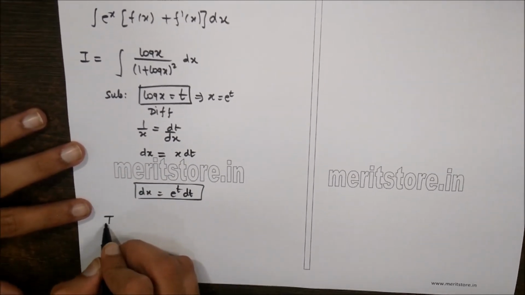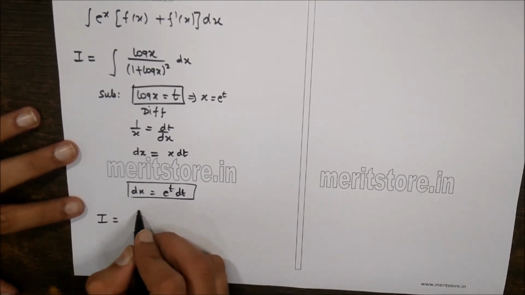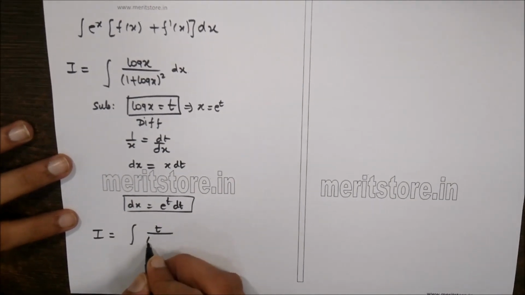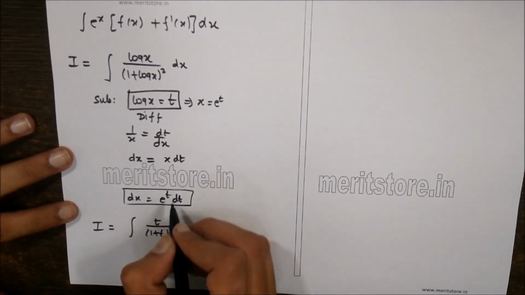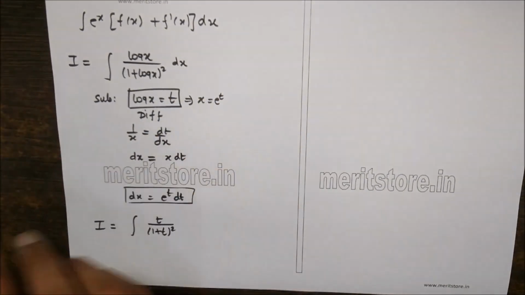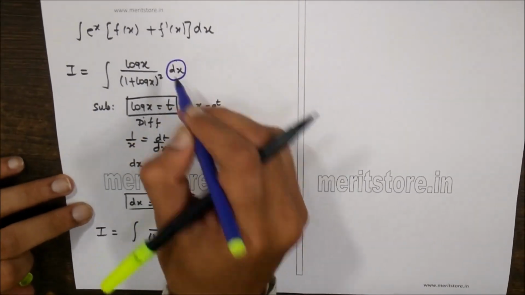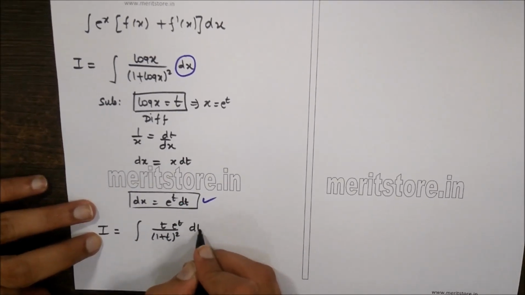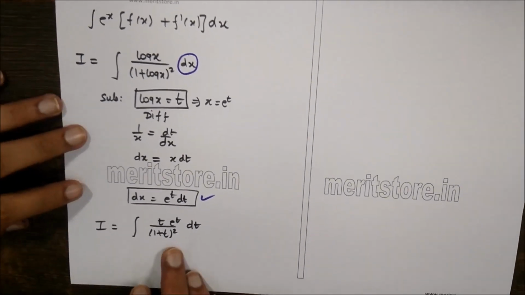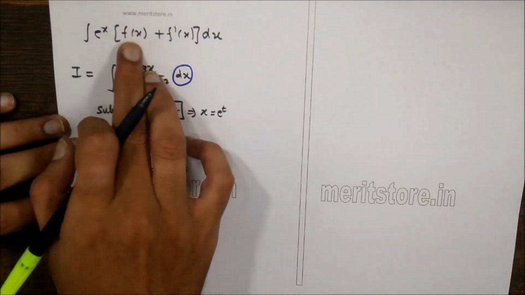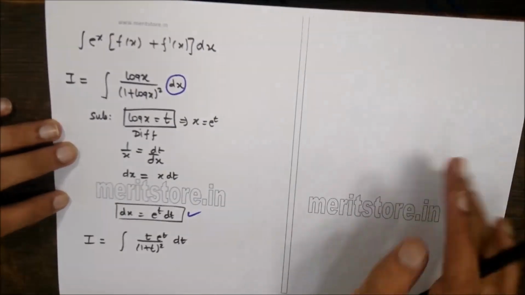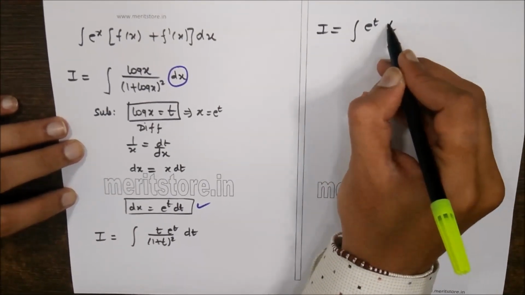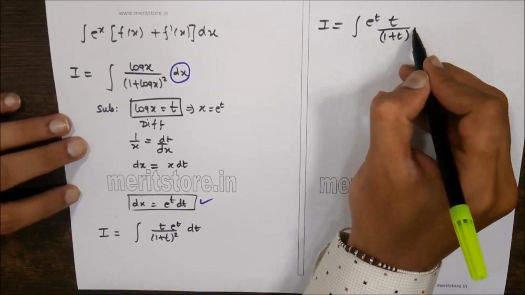Rewriting the problem, the integral will be equal to integral of t upon 1 plus t the whole square, and instead of dx, I'm going to write e raised to t dt. Now observe, this converts to the type of integral of e raised to x times f of x plus f dash of x. Integral of e raised to t upon 1 plus t the whole square.